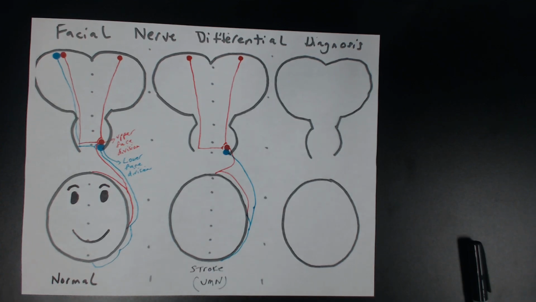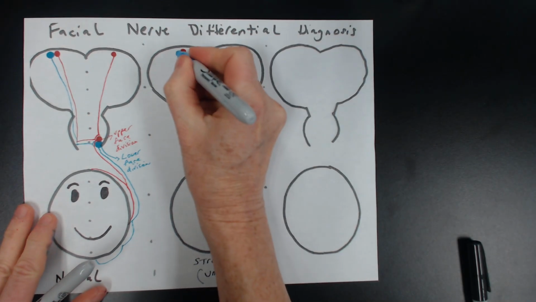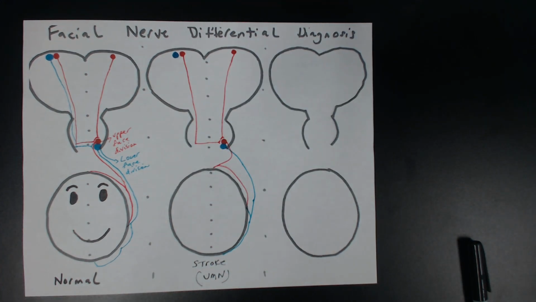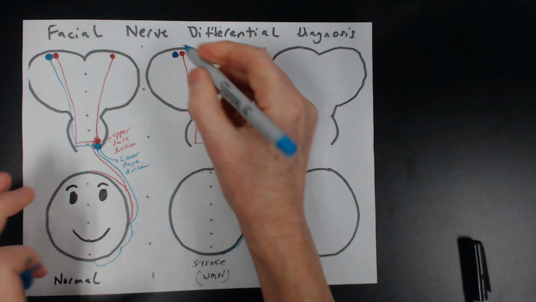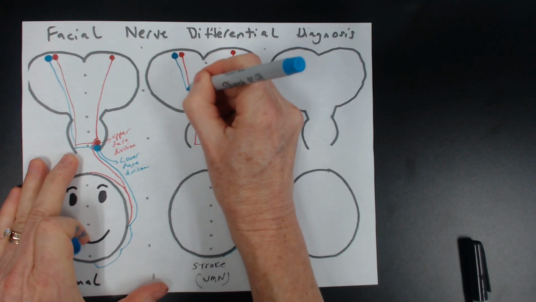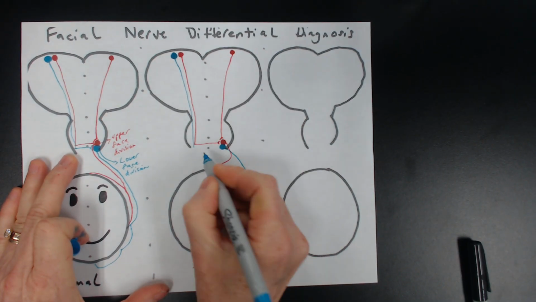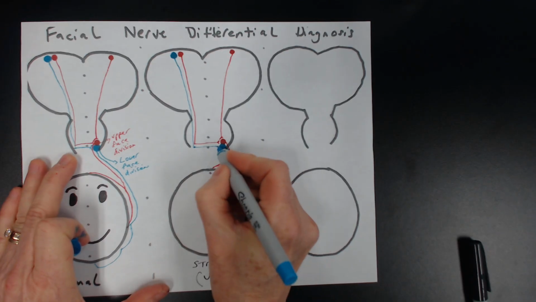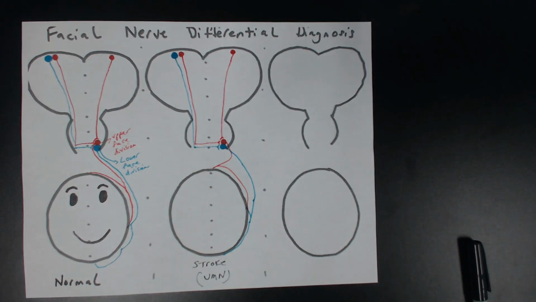And then the lower face division has upper motor neurons that are only present contralaterally. Those neurons send out axons that come down to the level of the nucleus and decussate. Same thing we just drew.